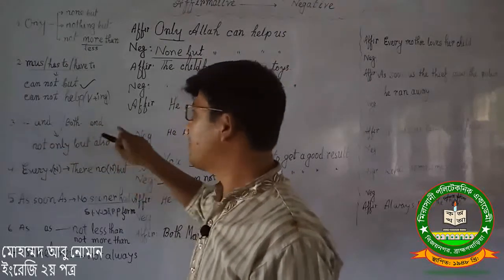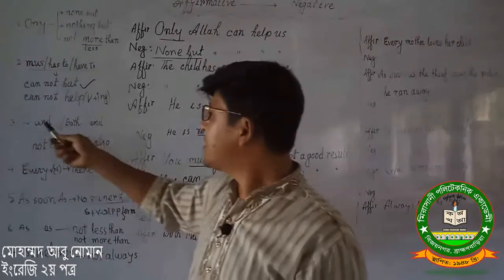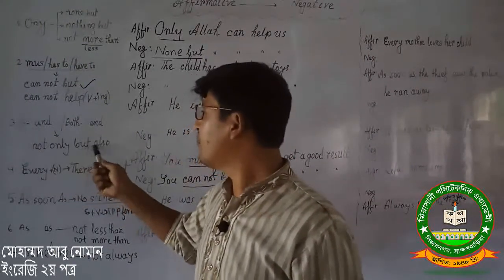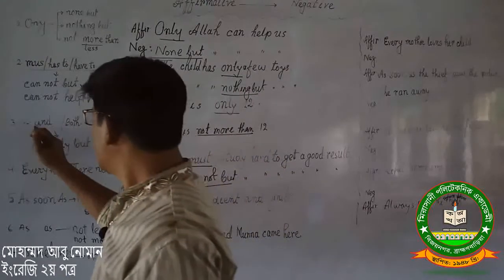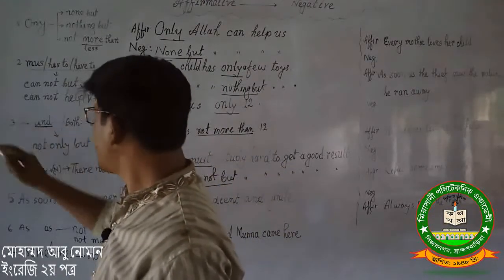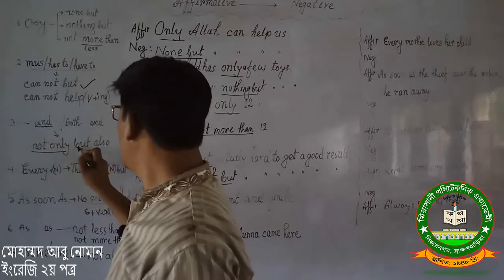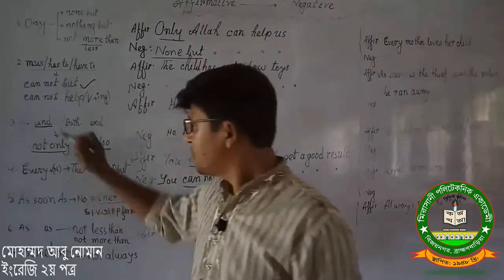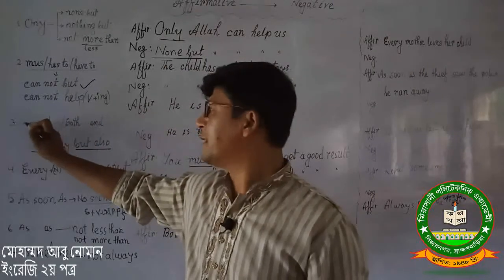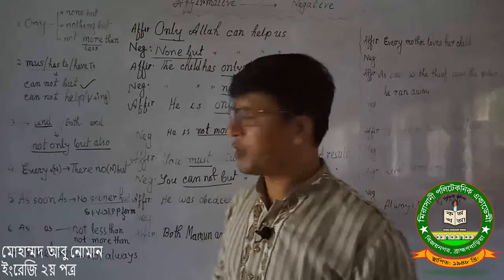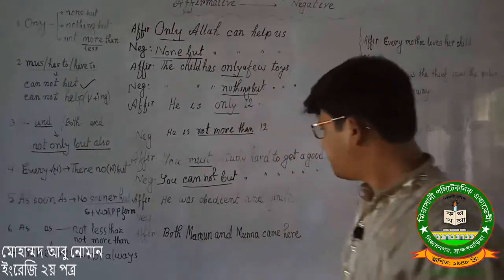If you found this type of sentence, you will turn this word into not only but also. Before the first word you will write not only, and instead of and you will write but also. Here look at the board.